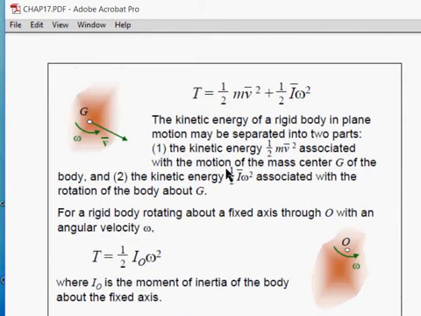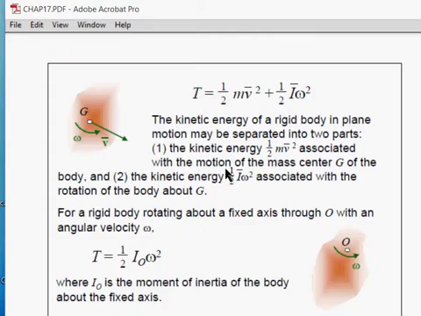The kinetic energy of a rigid body might be separated into two parts. One, the kinetic energy associated with the motion of the center of mass, and the second one, the kinetic energy due to the rotation of the body.